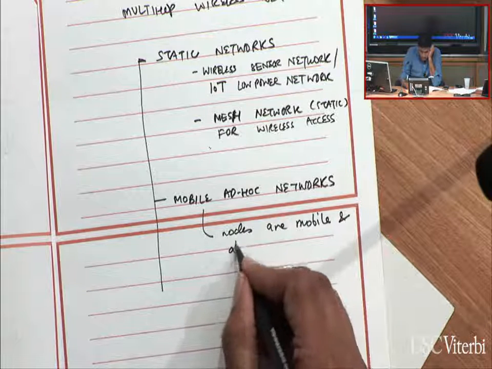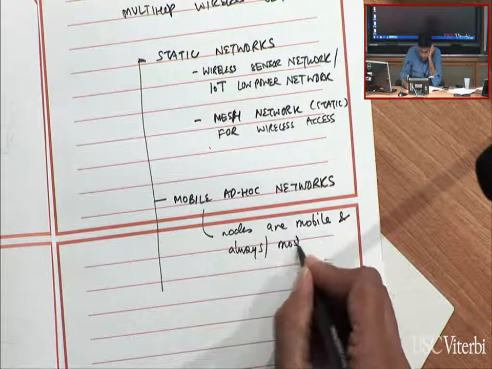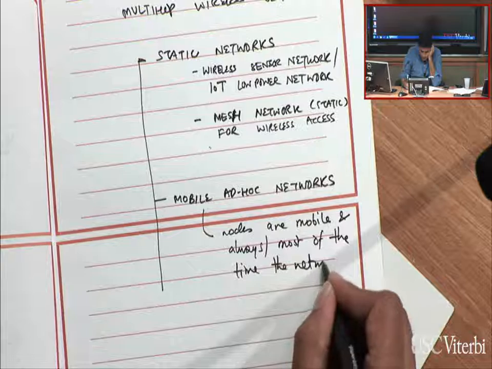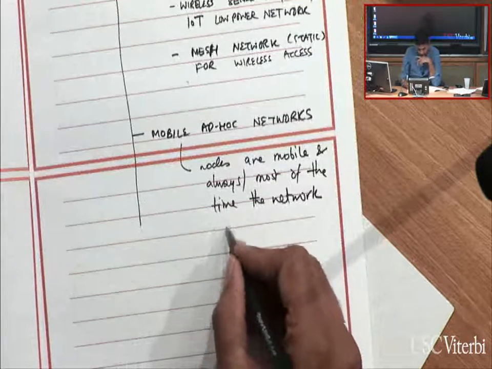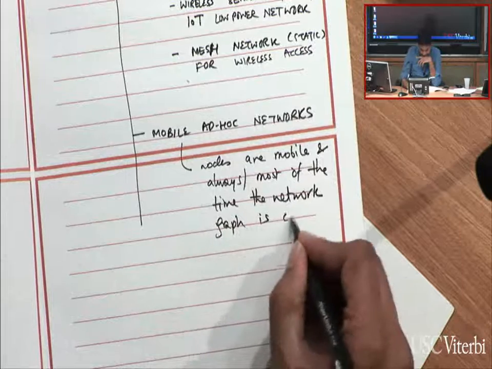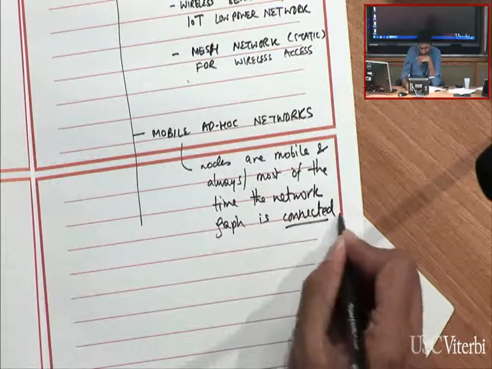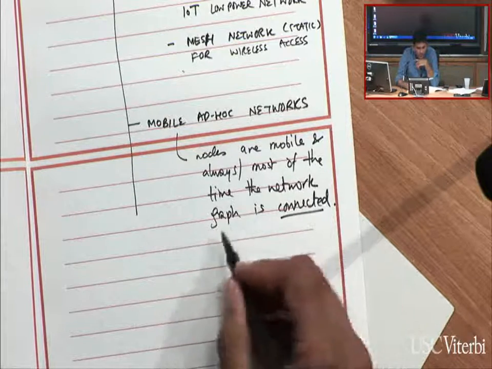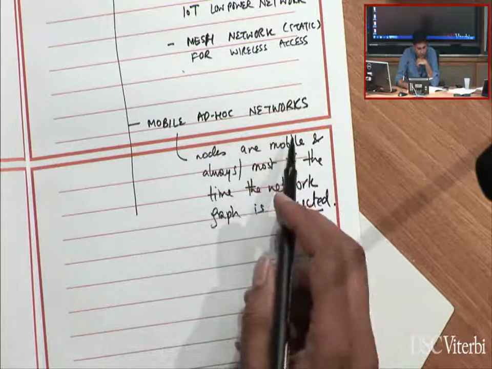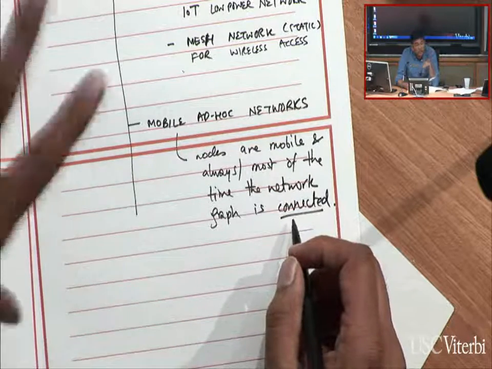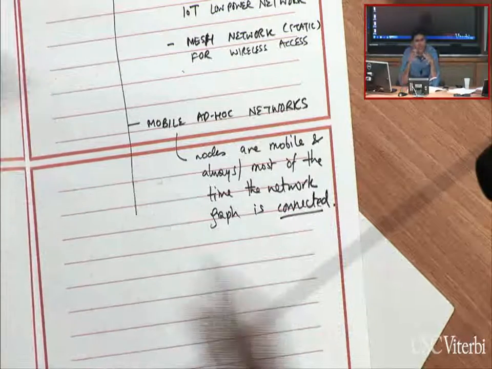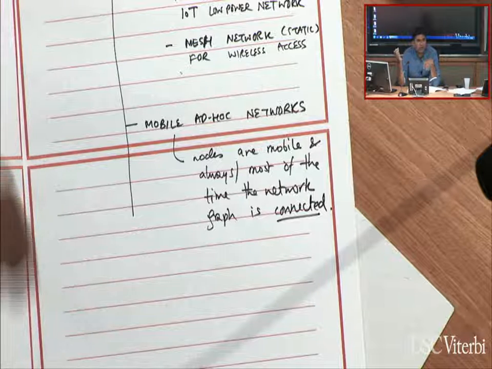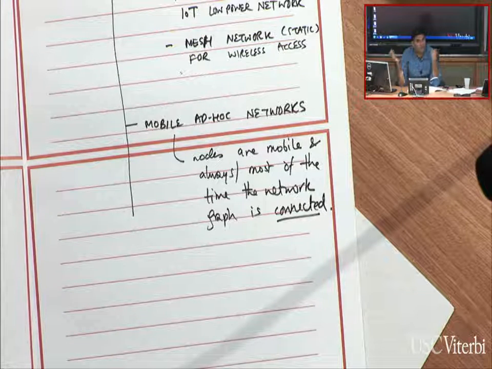And in some sense, always or most of the time, the network graph, if you will, is connected. Okay. Again, I'll talk a little bit more and give some examples, but this is a key aspect of a mobile ad hoc network: not only are the nodes moving around, but they're not moving around in such a sparse environment or so far away from each other that you cannot get a message from one node to another node right away. I mean, or through multiple hops, but right away.